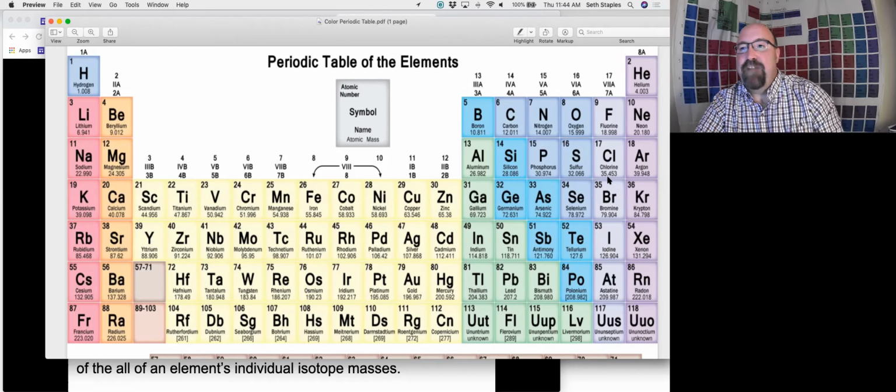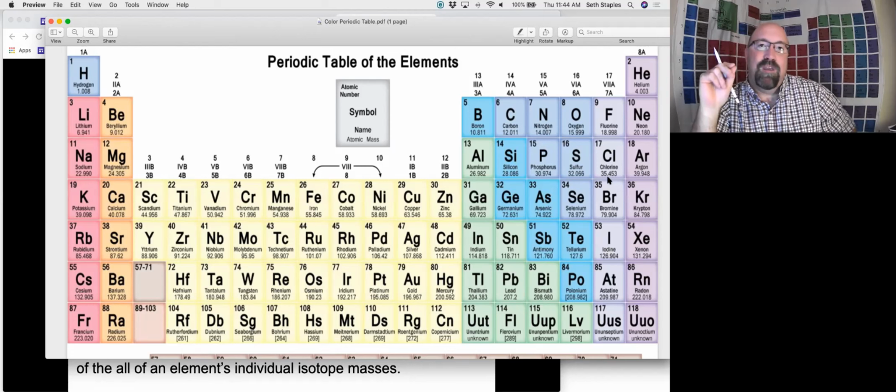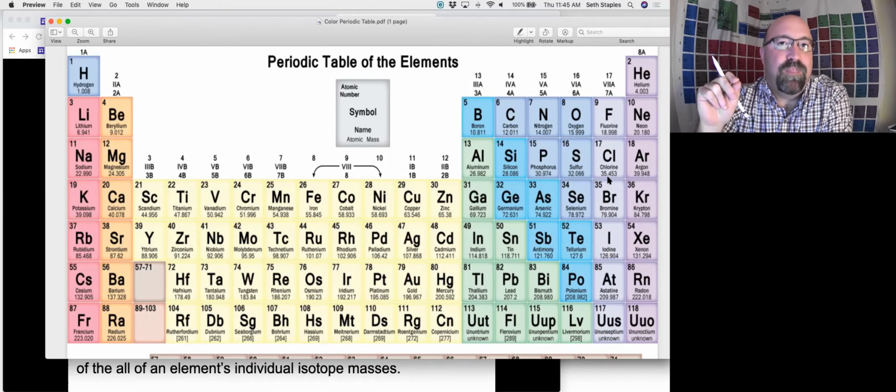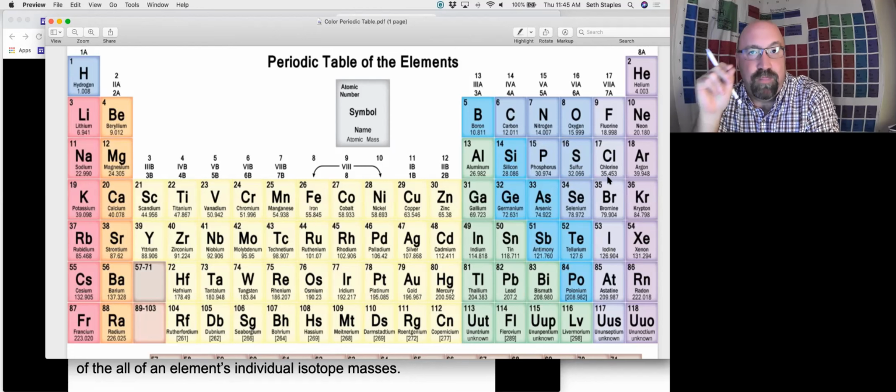This 35.453, that's the atomic mass, the atomic weight of chlorine. That number, though, is a blended average that takes into account the abundance of chlorine that is chlorine-35 and the abundance of chlorine that is chlorine-37.